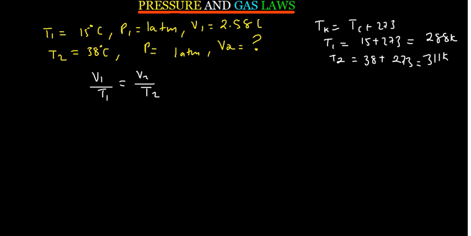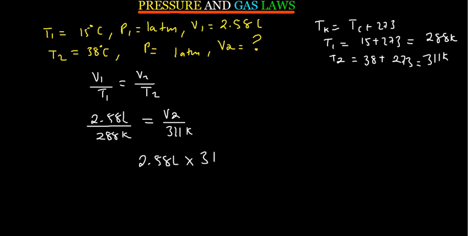I substitute V1, the first volume, 2.58 liters, and T1, 288 Kelvin. That is equal to V2, which is the one we are looking for, divided by T2, which is 311 Kelvin. So I multiply 2.58 liters by 311 Kelvin.